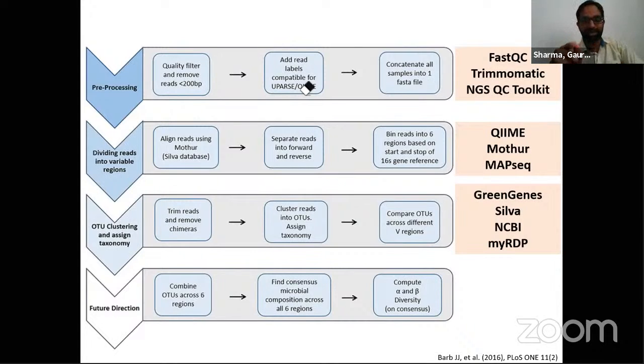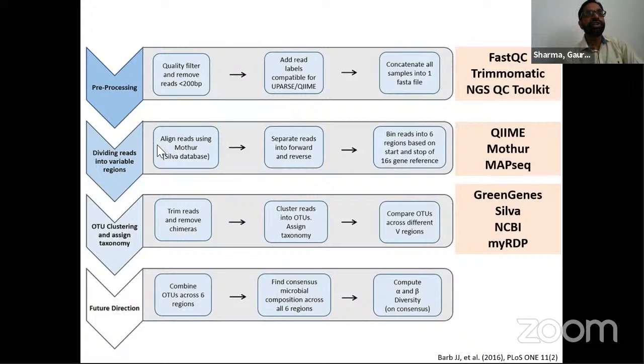Sometimes we add adapters in our sequencing, so we try to remove those adapters. So we keep only those reads which are of a good length, of high quality, and without any extra sequences or adapters.